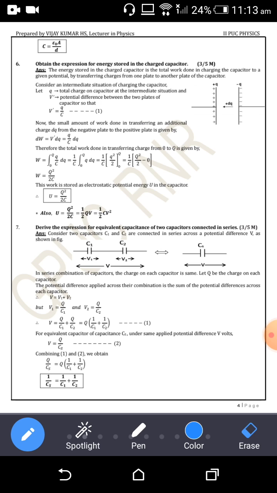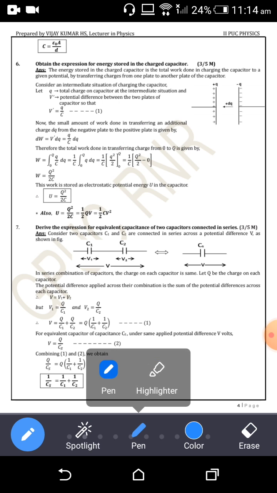Whatever work we have done to move the entire charge from one plate to another will be stored in the form of potential energy. So we are going to replace W by U. So U is equal to Q square by 2c.